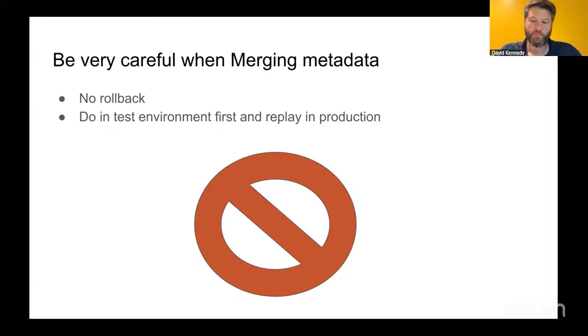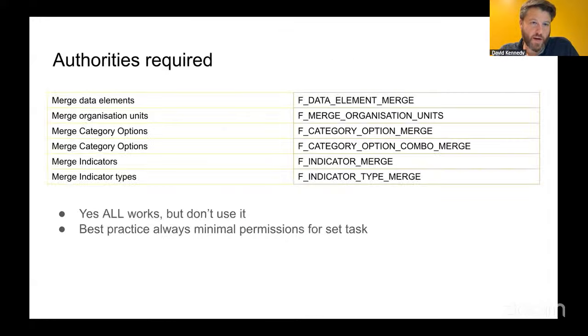But we're not just saying be careful, we're also adding some ways for administrators to help with this. When I showed you the demo, I was logged in as somebody with all the permissions, but there are separate authorities required for each of those operations. I've got merge category options there twice, sorry.